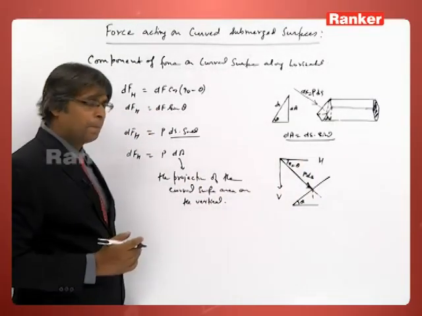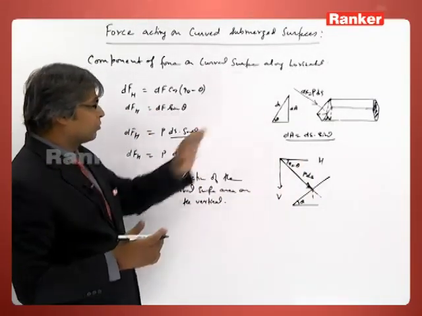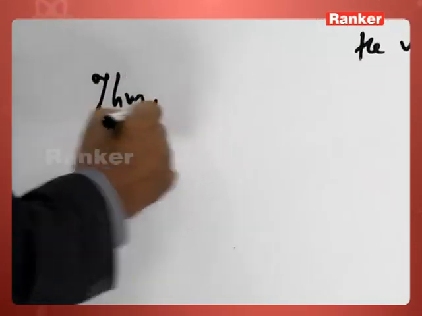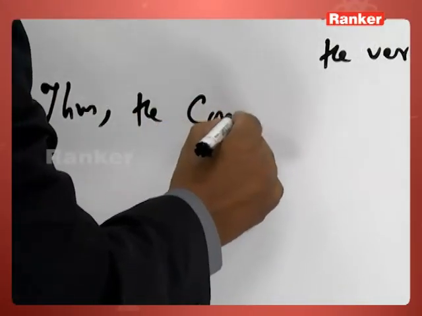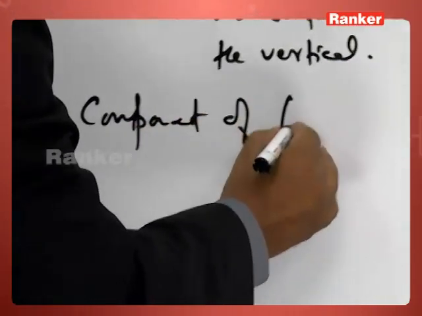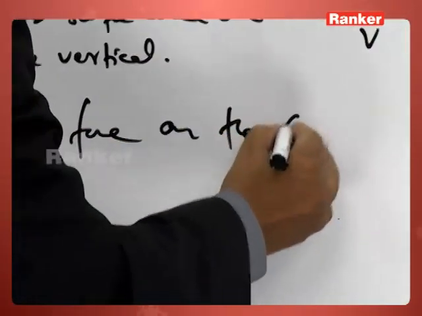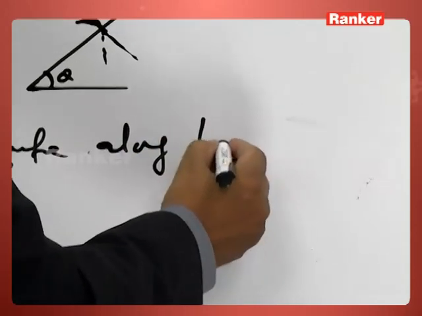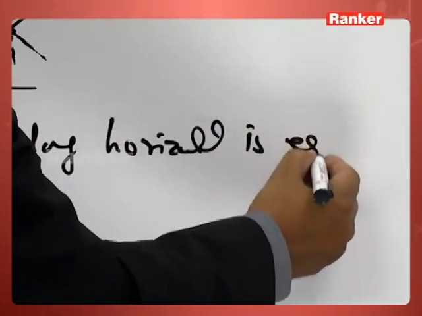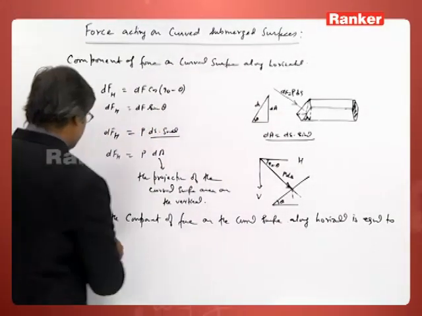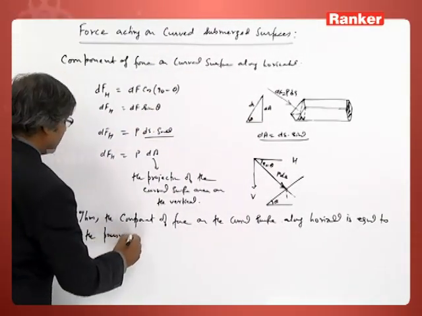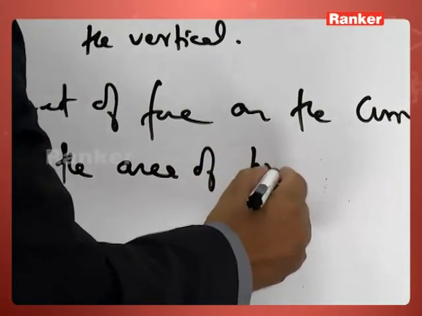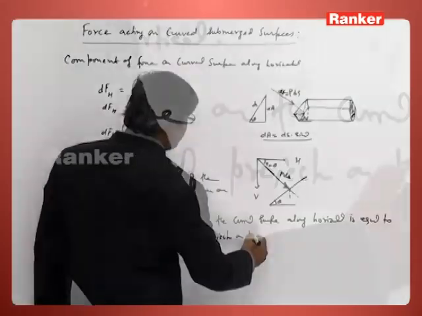So if I want to know the total force acting on this, our ready-made formula is: the component of force on the curved surface along horizontal is equal to the pressure times the area of projection on the vertical.